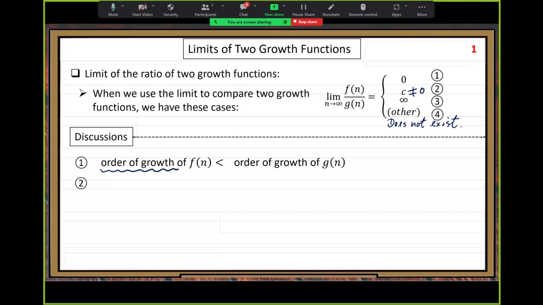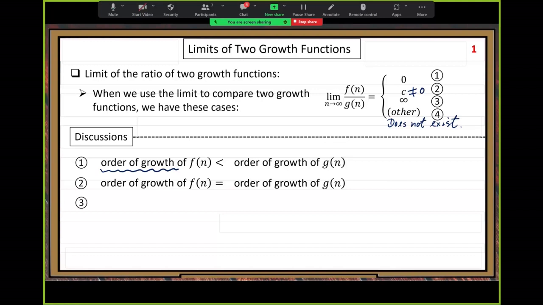If the first function tripled, the second function also tripled, and so on, with the same pace, because the ratio is the same non-zero constant. So for the second case, we can say these 2 functions have the same order of growth. If we compare their order of growth, we get equality here.